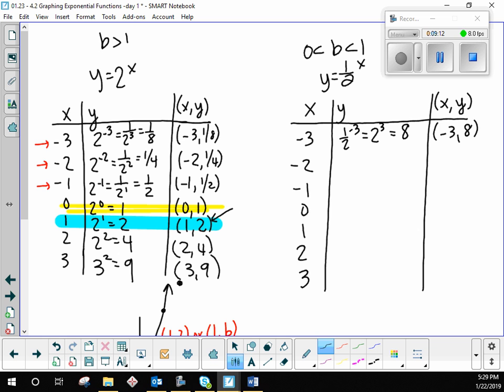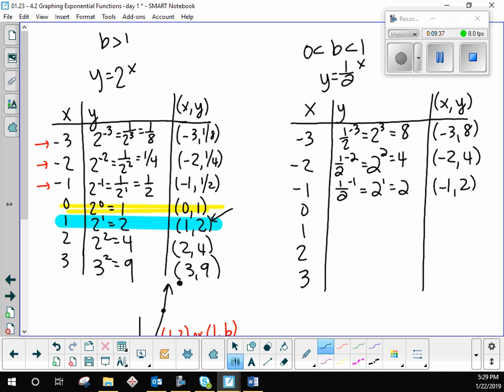So I have a point at negative 3, 8. Putting negative 2 in for x, flip the base, it becomes 2 over 1, or just 2. The exponent becomes positive, and that's 4. Putting in negative 1 gives me 2 to the positive 1, which is 2.